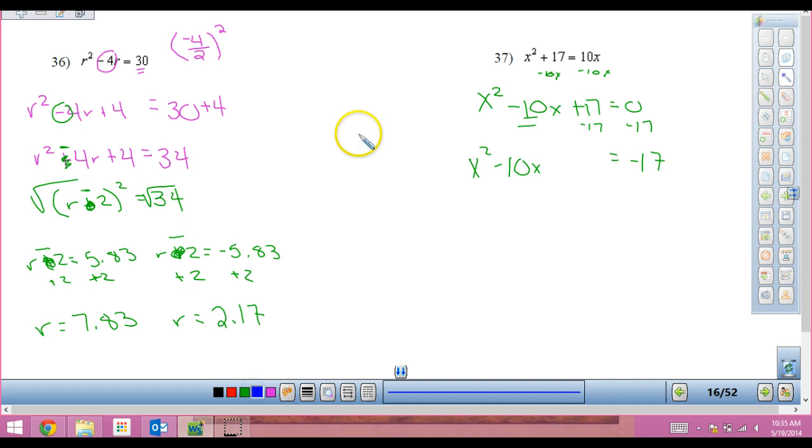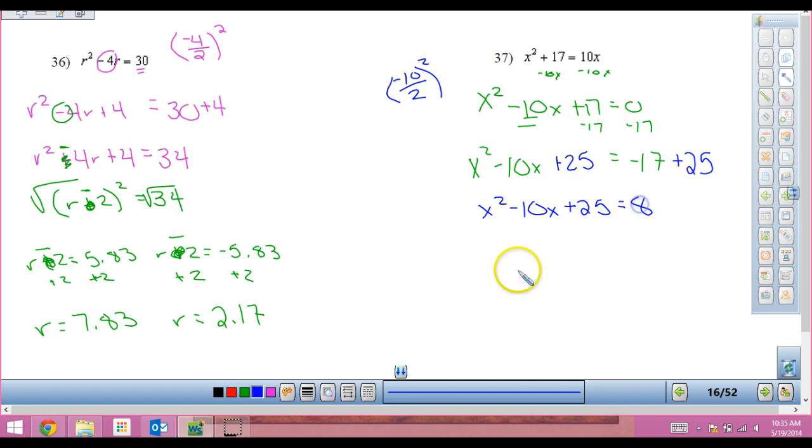Now we've got to do our b, so negative 10 divided by 2, and square it is negative 5 squared, which is plus 25 and plus 25. So x squared minus 10x plus 25 equals 8.